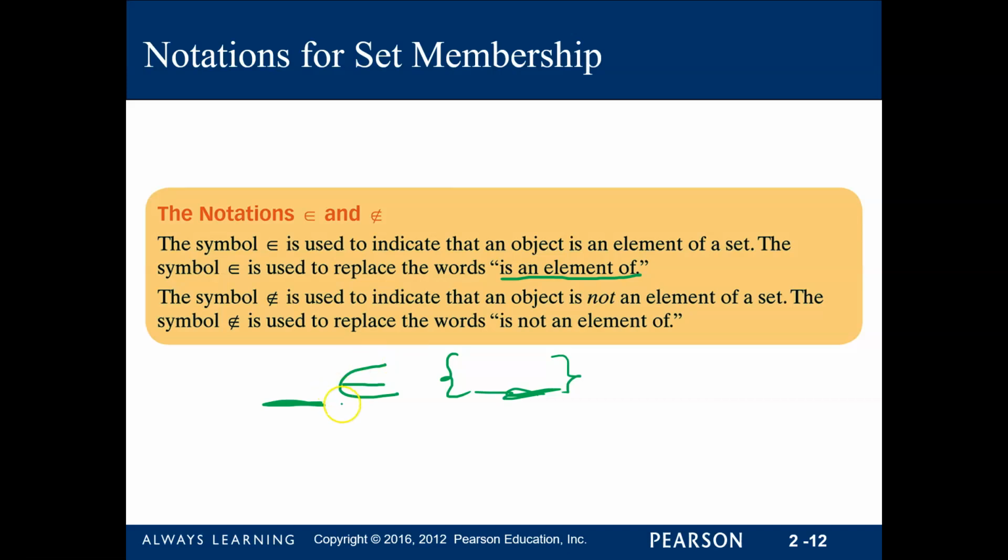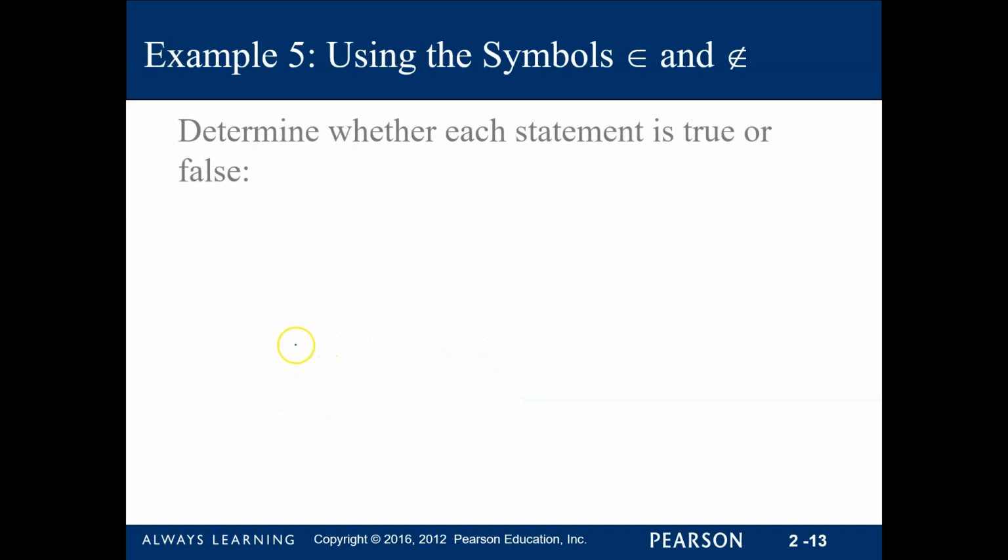Every time we cancel the symbol, we are simply saying "is not an element of." So if you see this symbol, you are talking about whether this item is found inside the set. Let's have some examples.